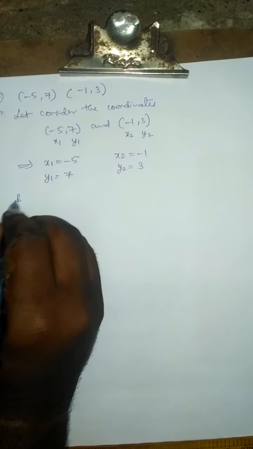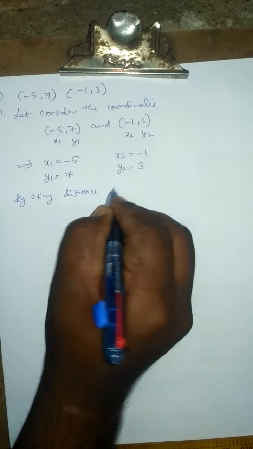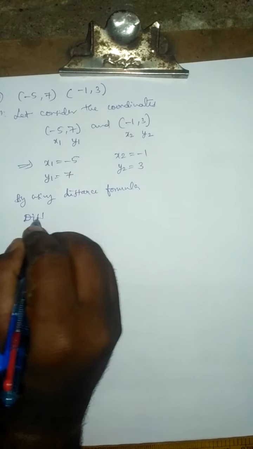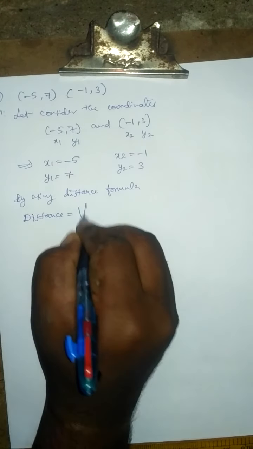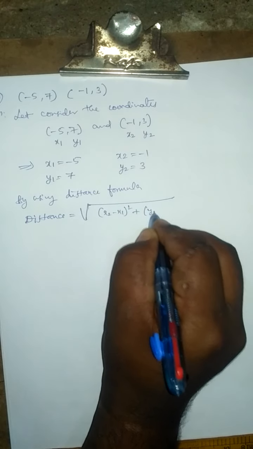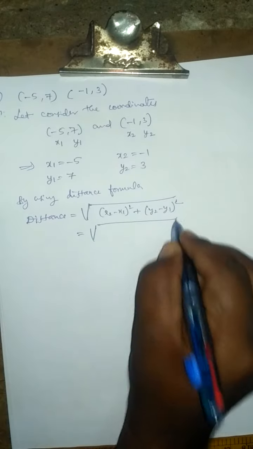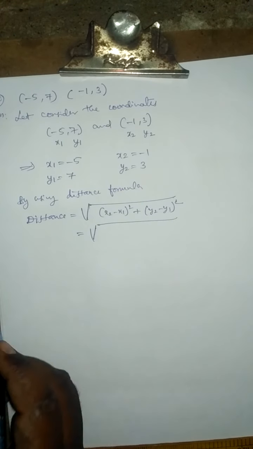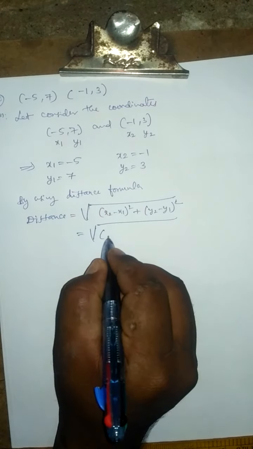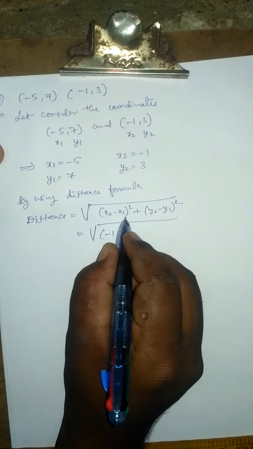Now by using the distance formula, distance is equal to under root x2 minus x1 whole square plus y2 minus y1 whole square. So substitute values of x1, y1 and x2, y2 in this formula and get the result. Here x2 value is minus 1 minus, x1 value is minus 5.